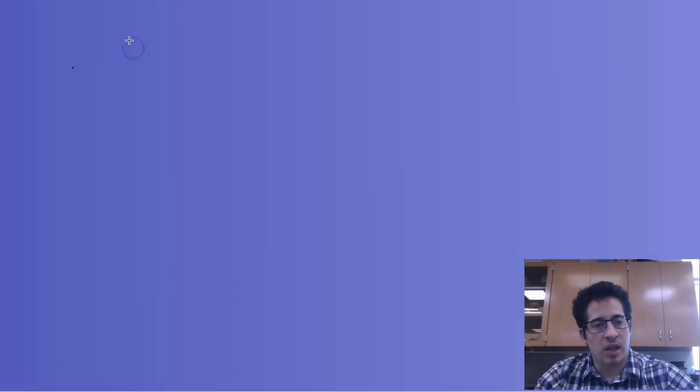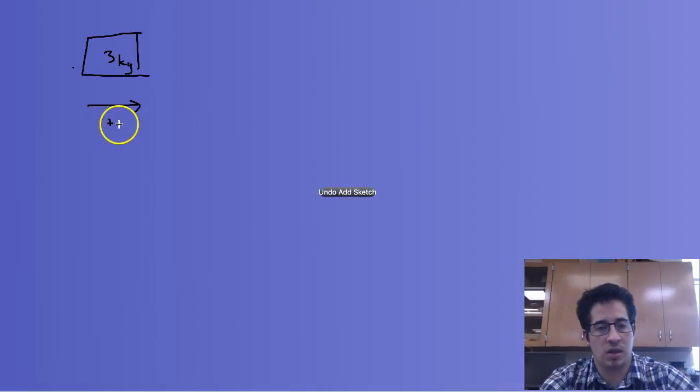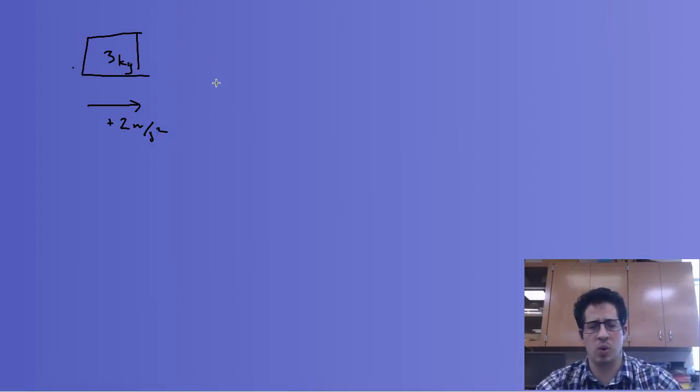Okay, so let's say that I have an object that has a mass of 3 kilograms, and it's accelerating at a rate of 2 meters per second squared. Okay, and so the question is, what net force do we have to apply to this object to cause it to accelerate at 2 meters per second squared?